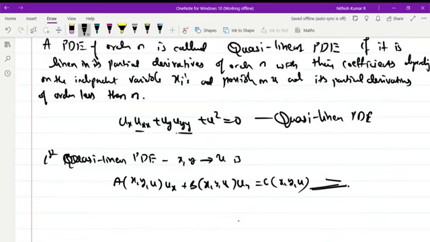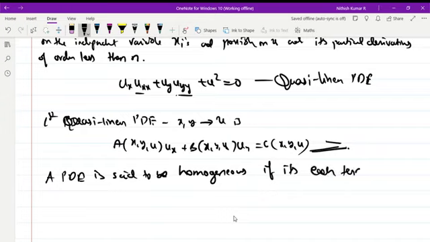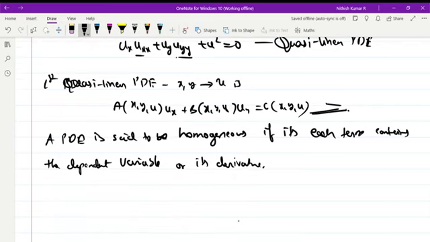Now let's see when we can say a partial differential equation is homogeneous. A partial differential equation is said to be homogeneous if each of its terms contains the dependent variable or its derivatives.